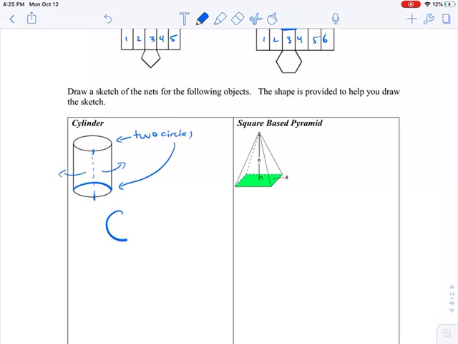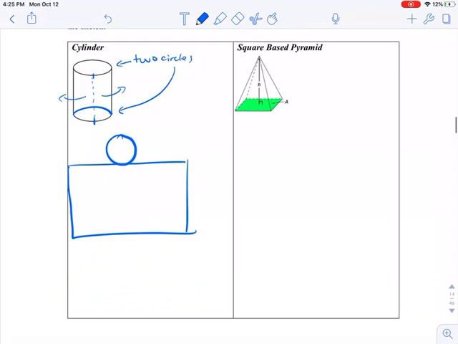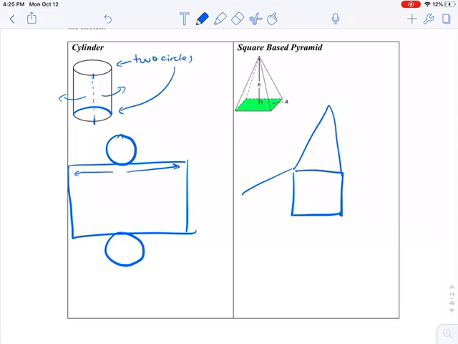So to draw a net of this, you would draw a circle, a big rectangle, and another circle. This length here corresponds to the distance around the circle. A square-based pyramid: you draw a square, and then you draw 4 triangles that are roughly the same size.